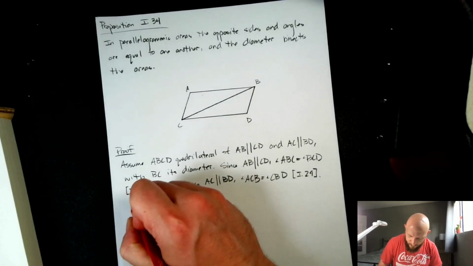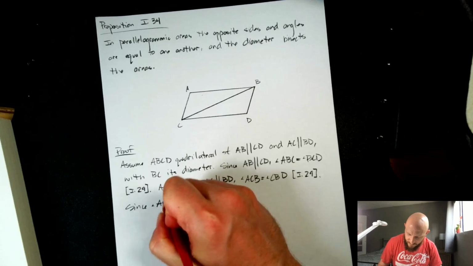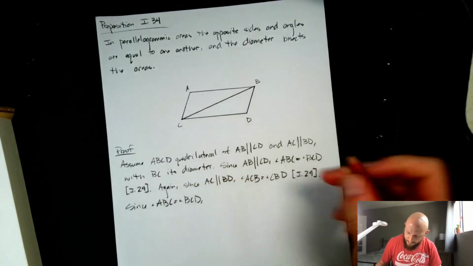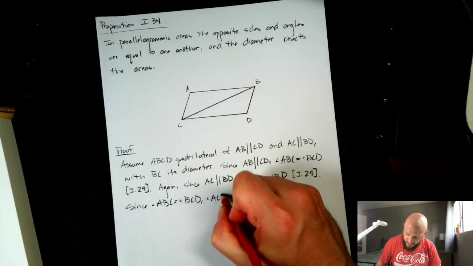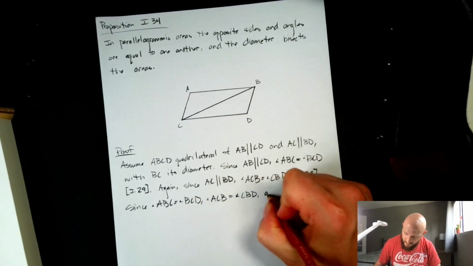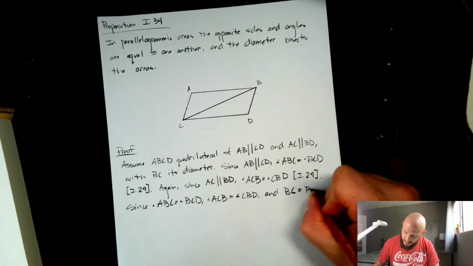So I guess I should just restate it: since angle ABC equals angle BCD, angle ACB equals angle CBD, and the obvious one, BC equals itself.